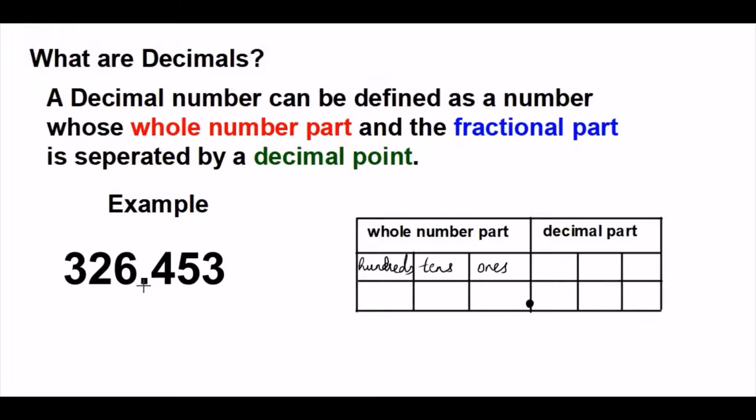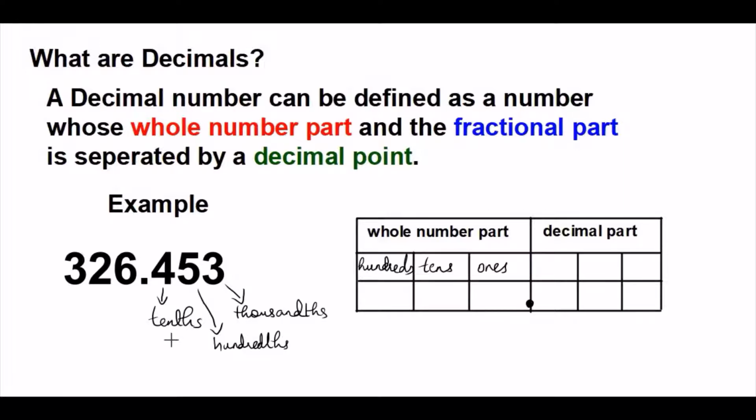So here the positions of digits after the decimal, that is the digit 4 is in the tenths place, 5 is in the hundredths place and this 3 is in the thousandths place.